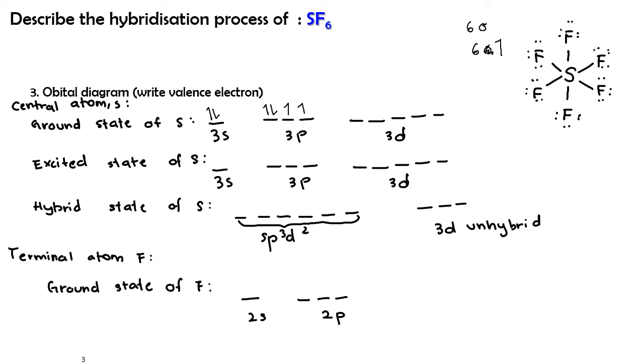So if you can see here, you have 2 of them in pair, therefore you need to excite each of the electron into the empty d orbital.